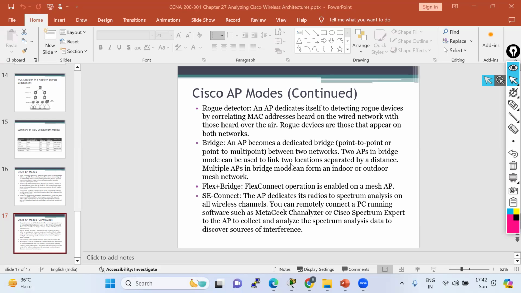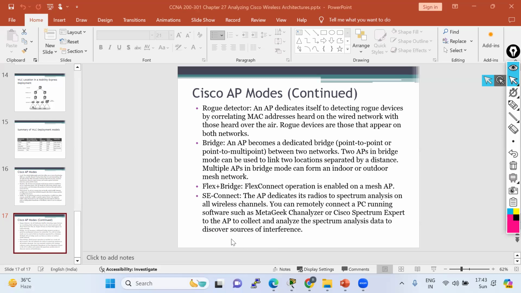That's why they are talking about the AP dedicating its radio to spectrum analysis on all wireless networks or channels. You can remotely connect a PC running software such as the MetaGeek Channel Analyzer or Cisco Spectrum Expert to all the APs to collect and analyze the spectrum data to discover the source of the interference.